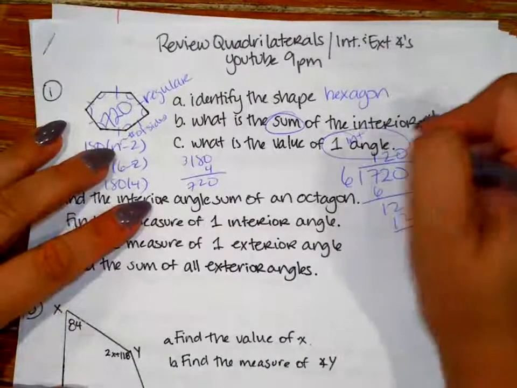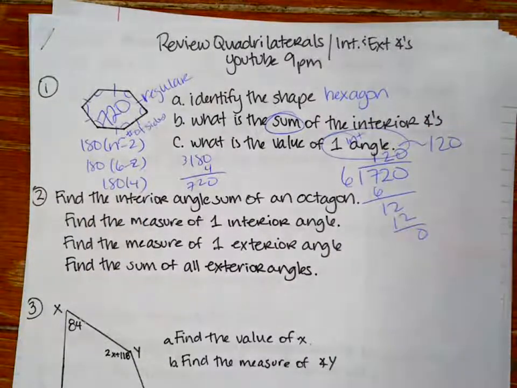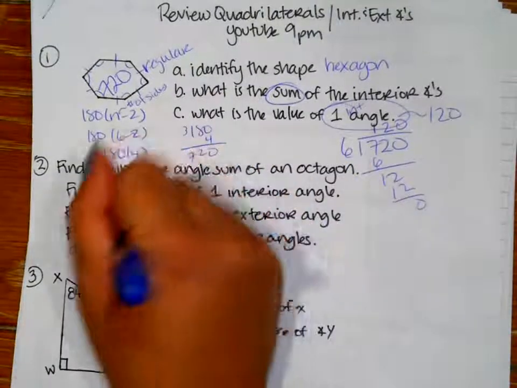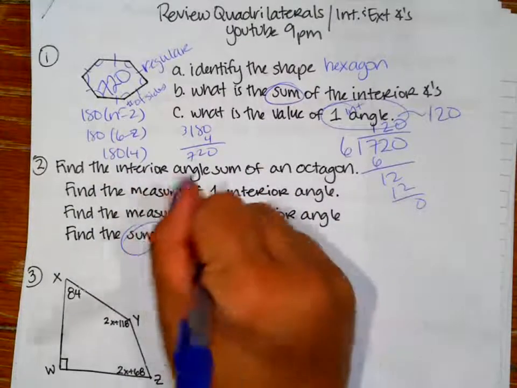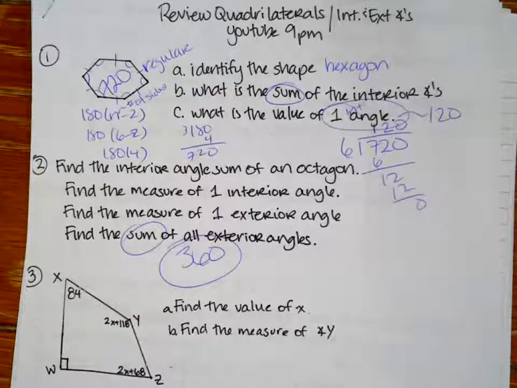So the value of one angle is 120. This guy right here, the sum of all the exterior angles is always 360 degrees. Any other questions?